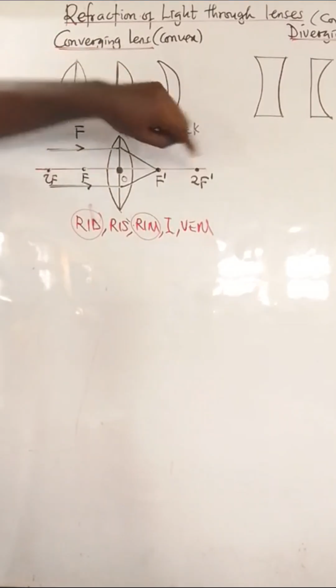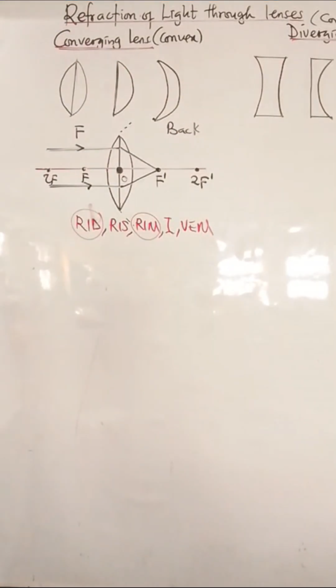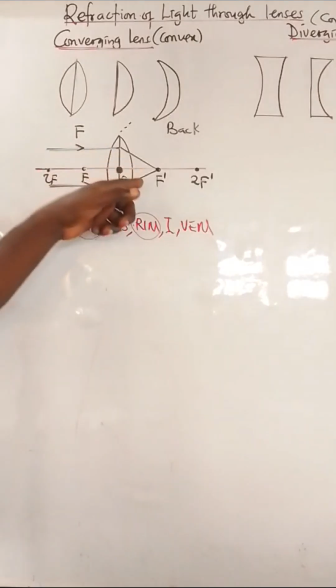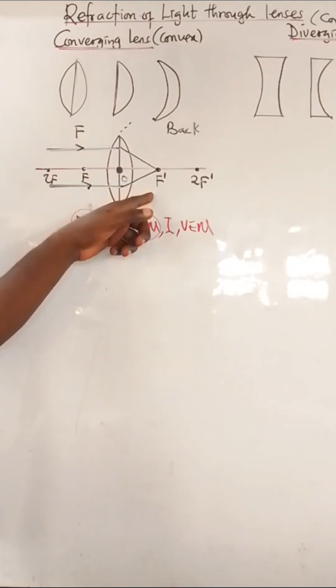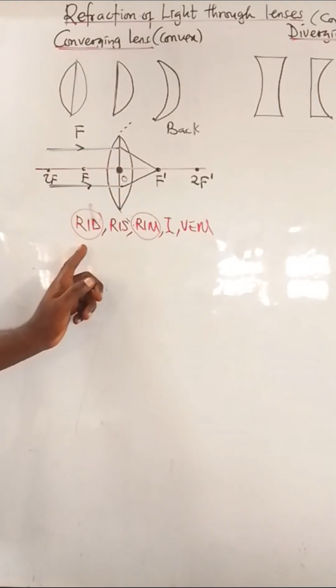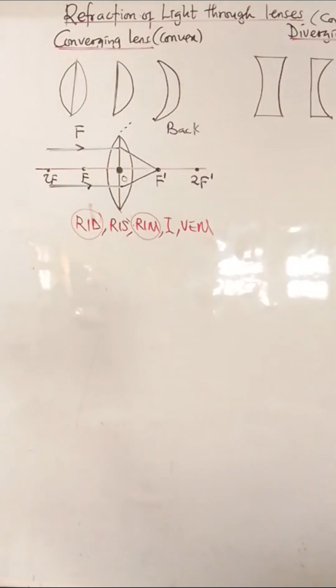Focal point after refraction. So if you have an object placed at infinity, meaning very far from the lens, the image will form at the what? Principal focus or focal point. And it's going to be what? Real. Let's try to draw a diagram to show this one.